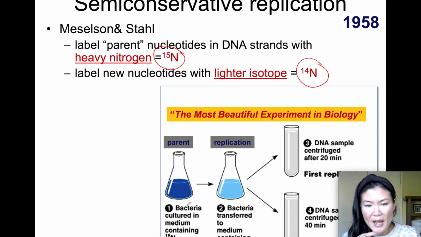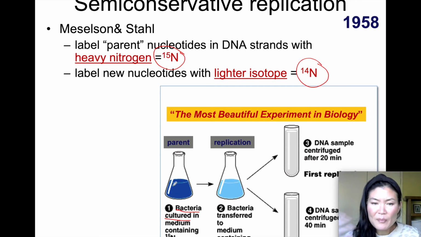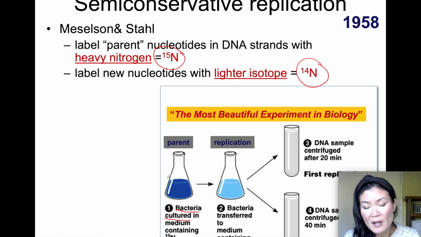So they had the bacteria cultured, meaning they allowed the bacteria to grow, making trillions of bacteria in this growth medium. The only nitrogen available to the bacteria to make more bacteria and more DNA was nitrogen 15. And then they transferred the bacteria to a nitrogen 14 containing medium.